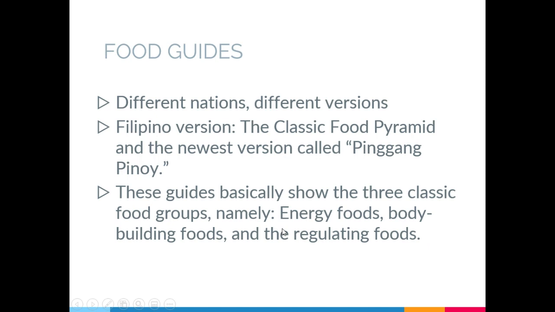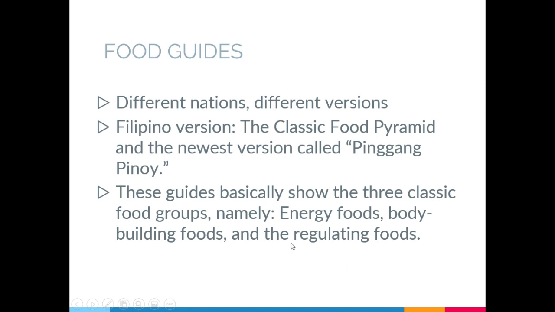So remember that the go foods are those that are rich sources of energy, and whose main function is to give energy, and those are the foods that are rich in carbohydrates as well as fats. We also have the bodybuilding foods, so we have the protein-rich foods. Those are our grow foods.